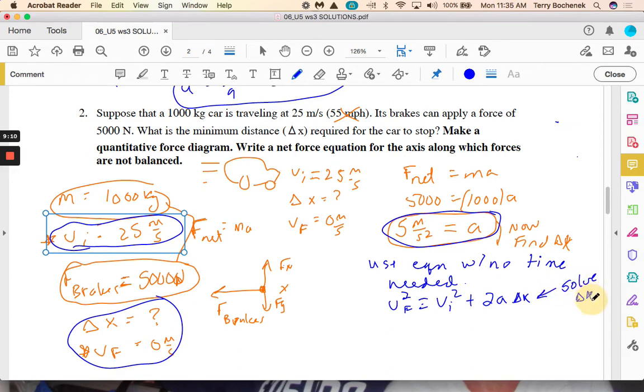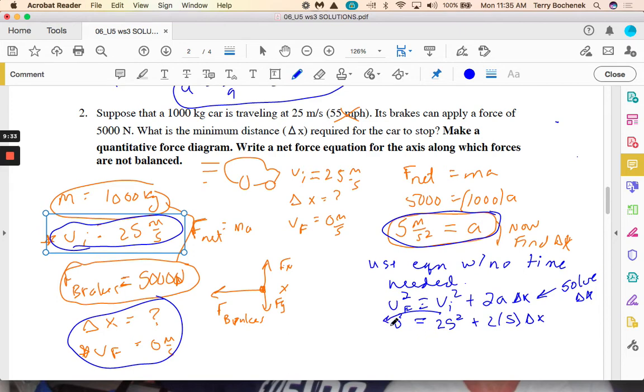So solving for delta x, V final squared is 0, so 0 squared is still 0. V initial squared was 25. The acceleration was 5. So the first thing we have to do is move that over there.